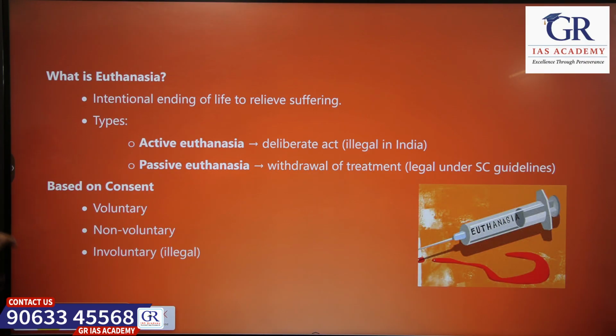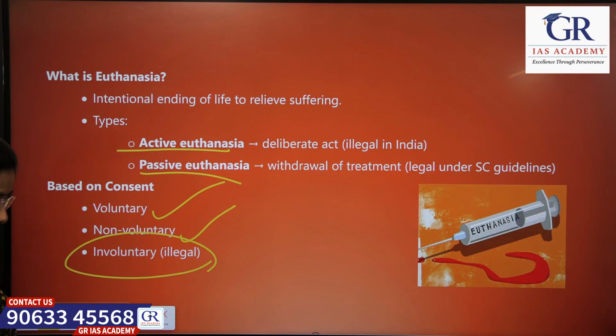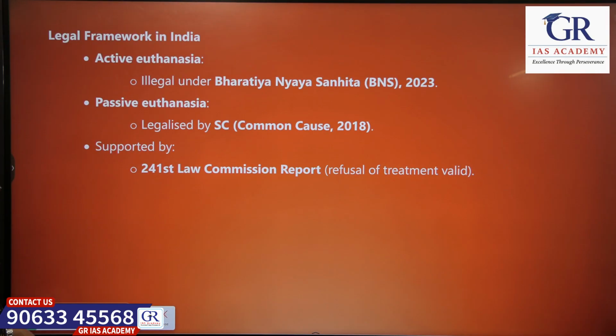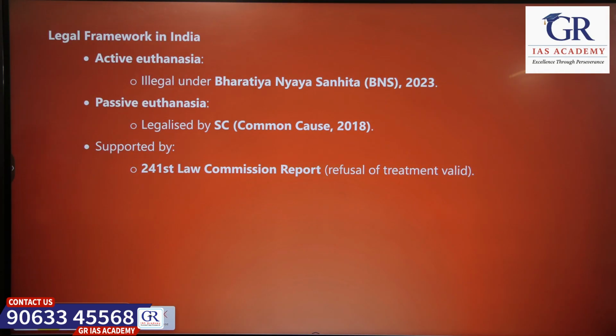Okay, we already discussed what is euthanasia and types of euthanasia, and there are different types of consent: voluntary, non-voluntary and involuntary. Okay, these two are okay, but involuntary is illegal. Okay, what are the legal provisions in India?